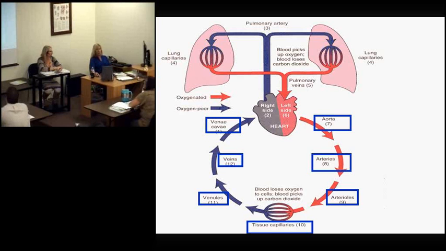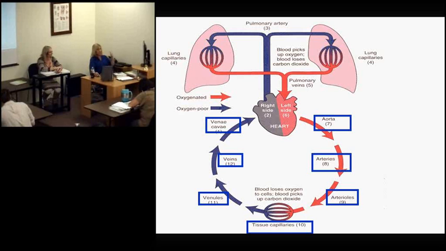You exhale, and all that waste goes out when you breathe out, right? So now we've got this brand new charged blood, got all the oxygen we need in it, and it's coming back to the left atrium through the pulmonary veins. So that's the only time you have oxygenated blood in a vein.